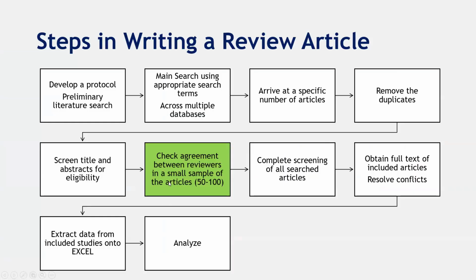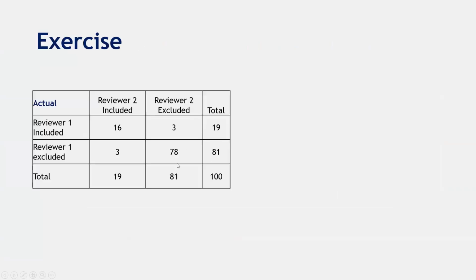Before we go on to the entire set, we need to see whether there is agreement between the reviewers. Now, how do we do that? We are going to have a small exercise. Say there were 900 articles which we needed to review, but we take a small sample of 100 articles, and you review that first.